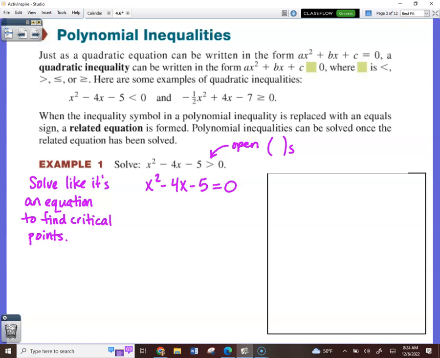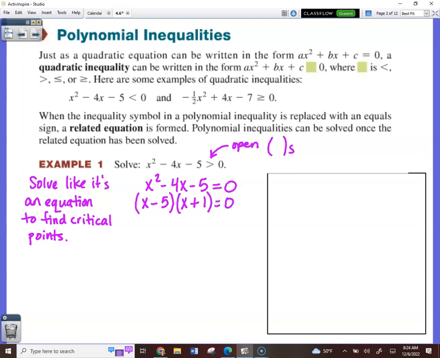What'd you get? Negative 5 and positive 1. And because a is 1, we don't have to factor a GCF out, right? We're done. So x minus 5, and x, what'd you say, plus 1?